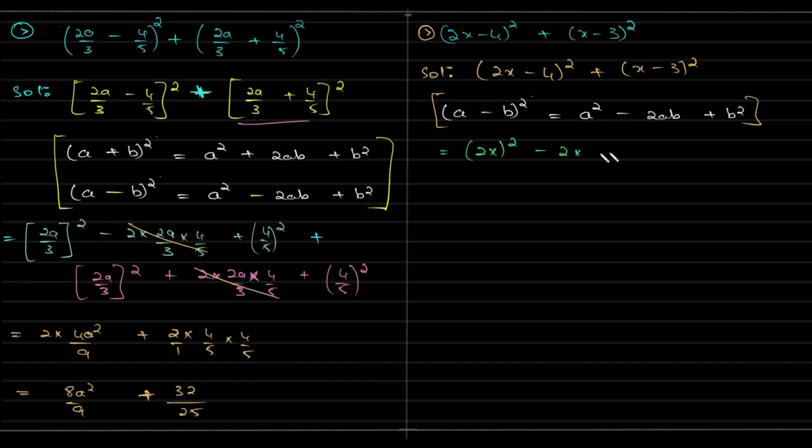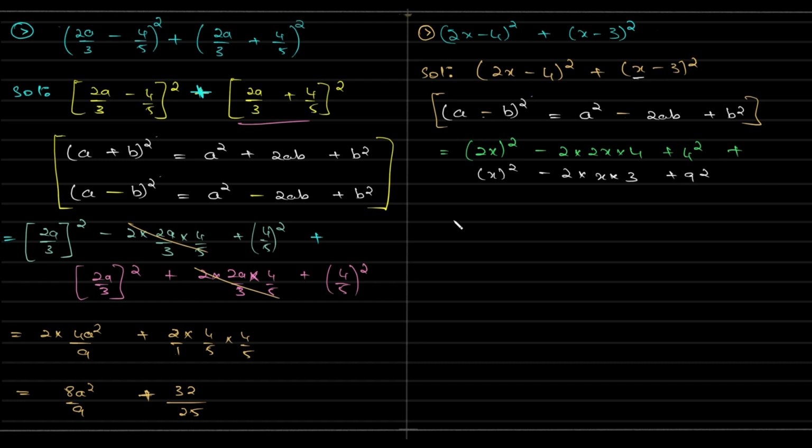Minus 2 into 2x into 4, plus 4 square, the first term, plus x square minus 2 into, in this case a is x and b is 3. Again, the negative sign is taken care of by the formula, so I can neglect it.